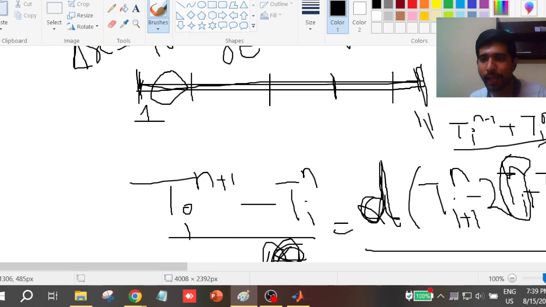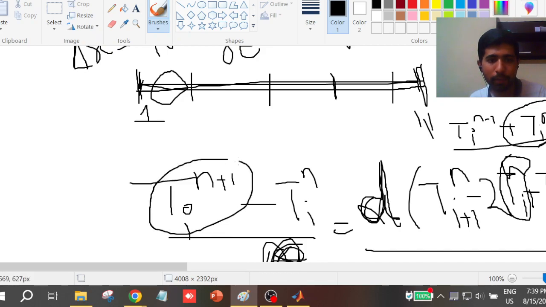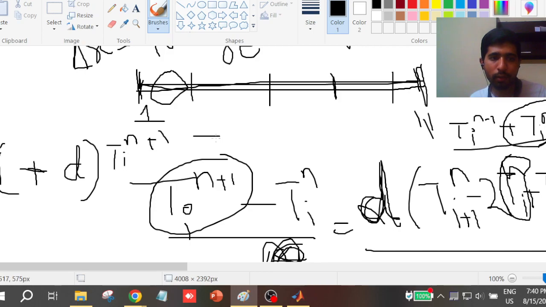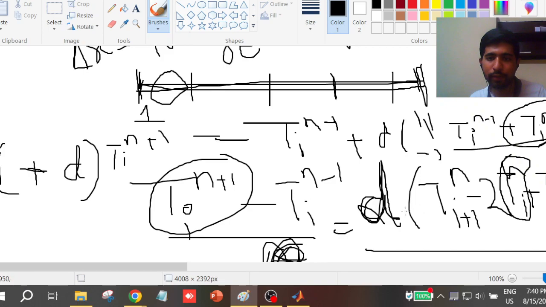Ti at n plus 1 is also there here, so when you bring this term to the left hand side, it becomes 1 plus D times Ti at n plus 1, because you have D here. The 2 and 2 will anyway cancel. So 1 plus D into Ti at n plus 1 is equal to Ti at n minus 1, plus D into this whole term, whatever is there.